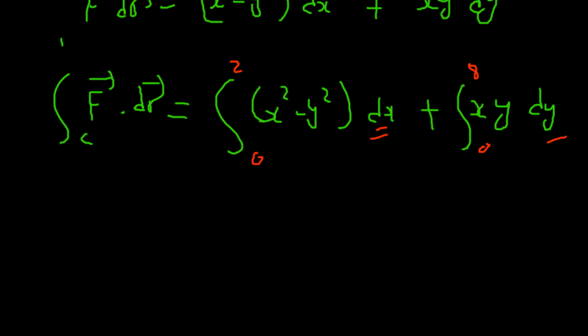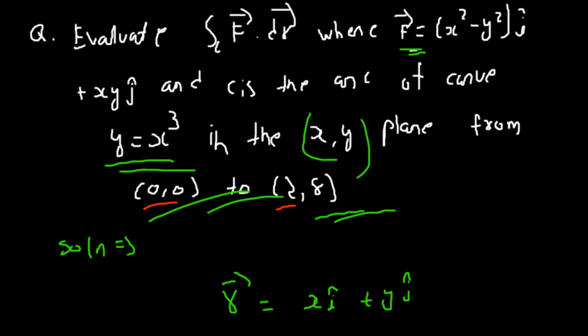So for integrating, we have to put this with respect to x. We have to put the value of y square here in the first one. The value of y square will be x to the power 6.